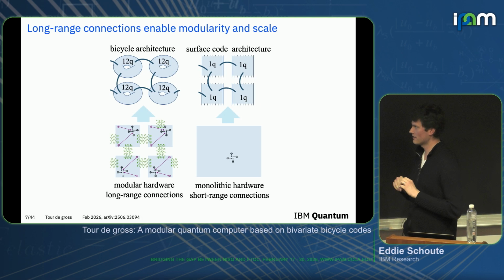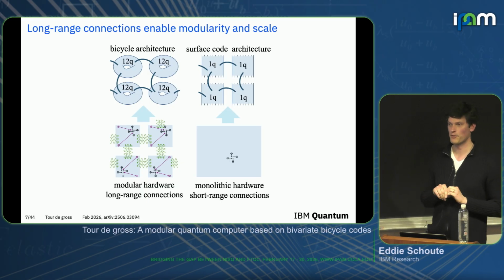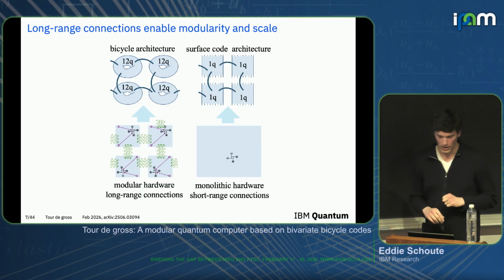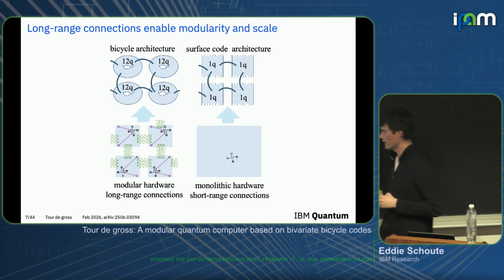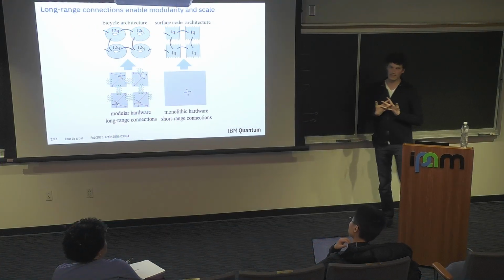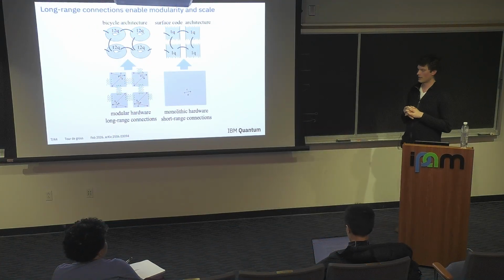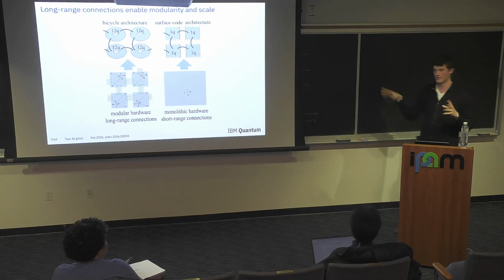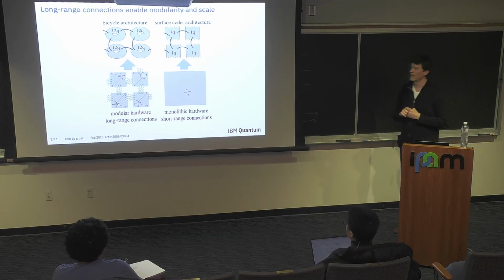And the modularity is extremely important for us to be able to build these devices because, compared to the monolithic surface code hardware, which was the standard in the literature, you would need to fabricate an enormous chip which has a vanishingly small probability of success, without any failures.